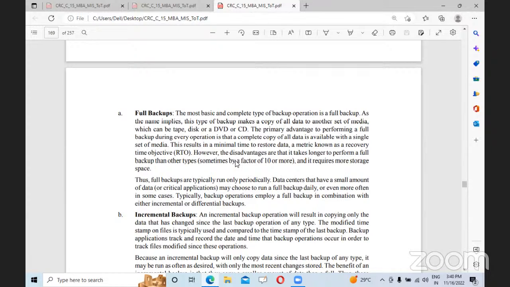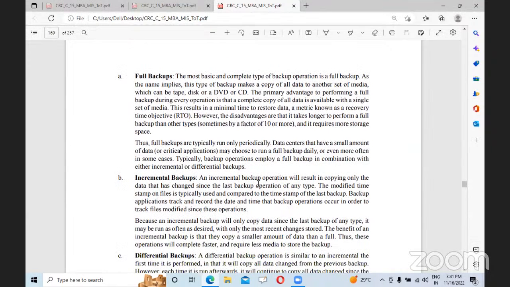Incremental backup. An incremental backup operation will result in copying only the data that has changed since the last backup operation of any type. The modified time stamp on files is typically used and compared to the timestamp of the last backup. Backup applications track and record the date and time that backup operations occur in order to track files modified since these operations.